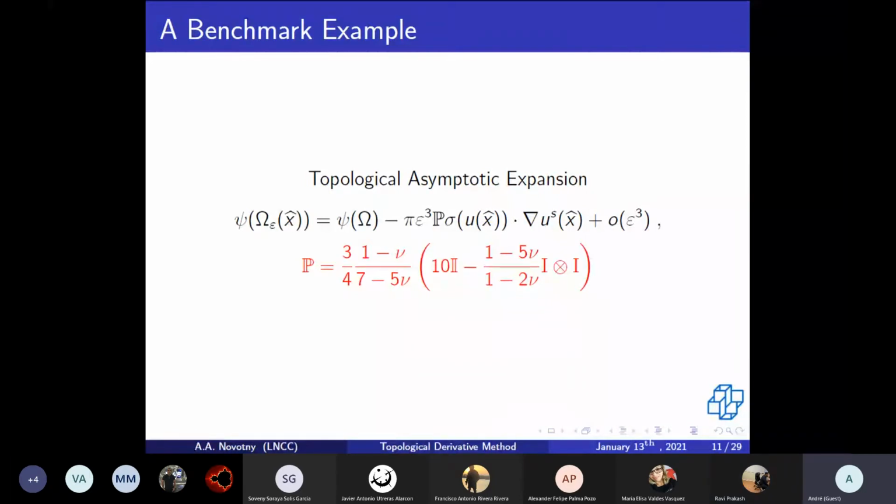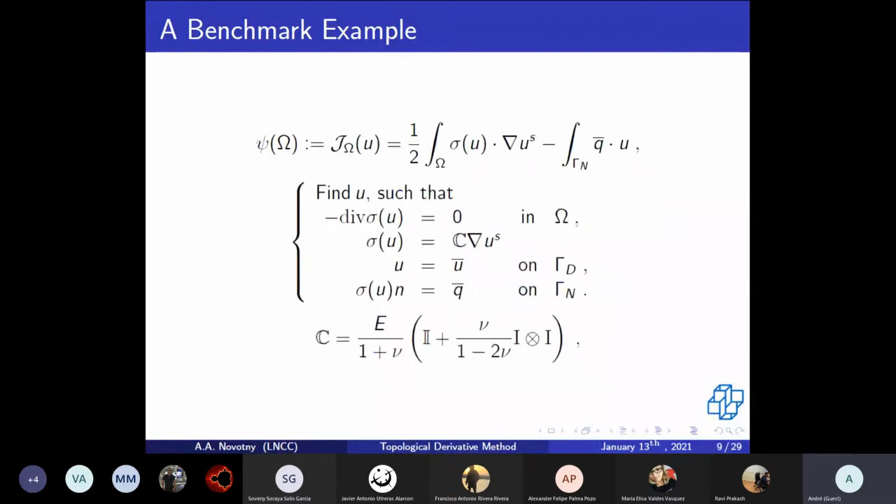So remember that U here is solution to the original problem defined in omega.